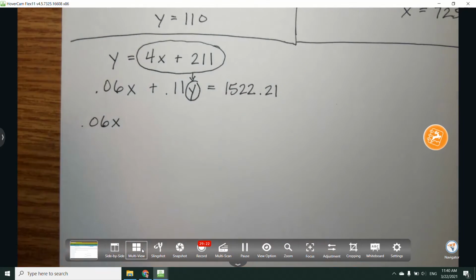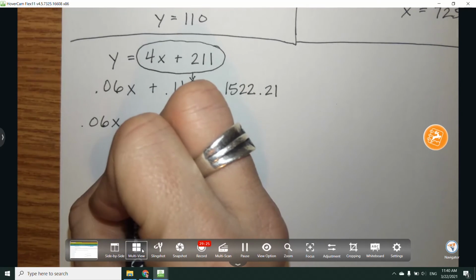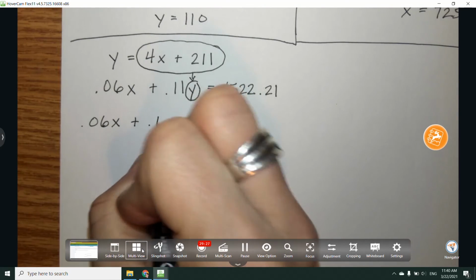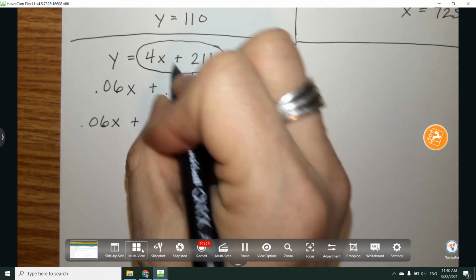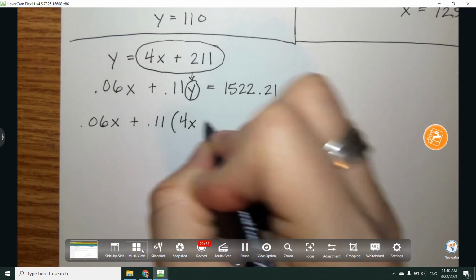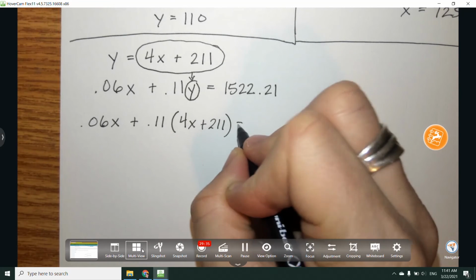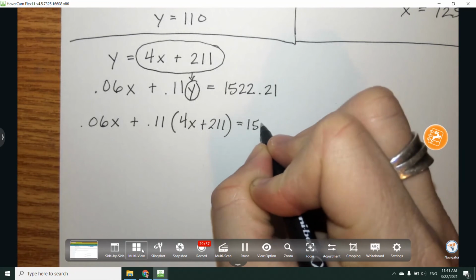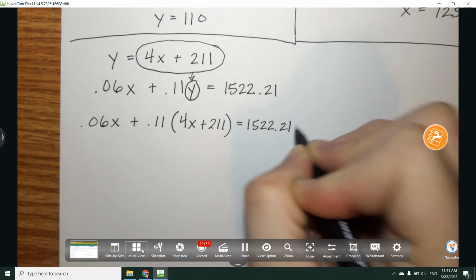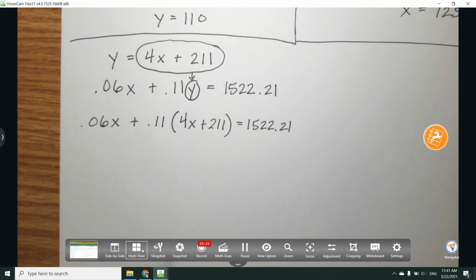So we have our 0.06x plus our 0.11y, and that's equal to 4x plus 211. This is equal to our 1522.21. All right, so let's distribute this 0.11 in there.